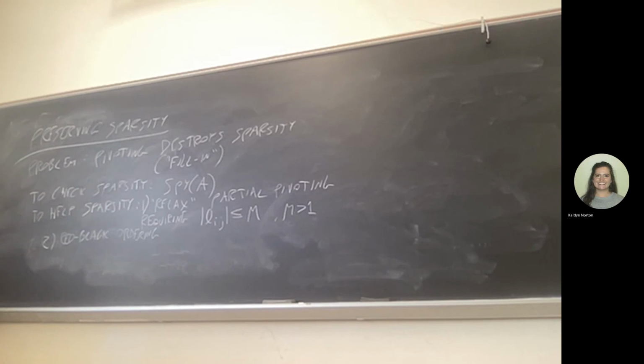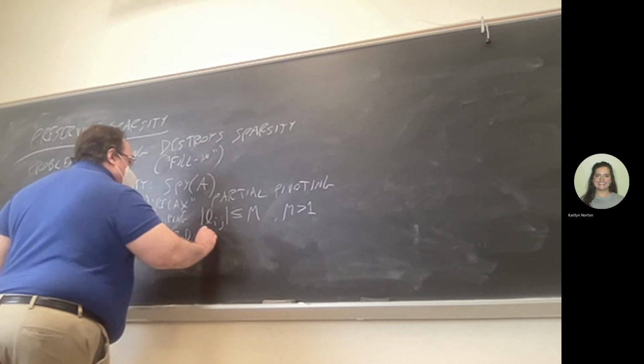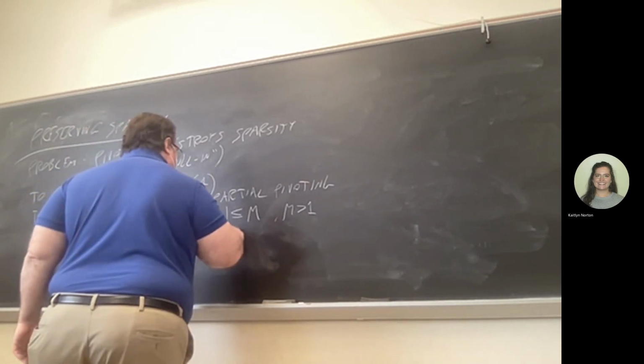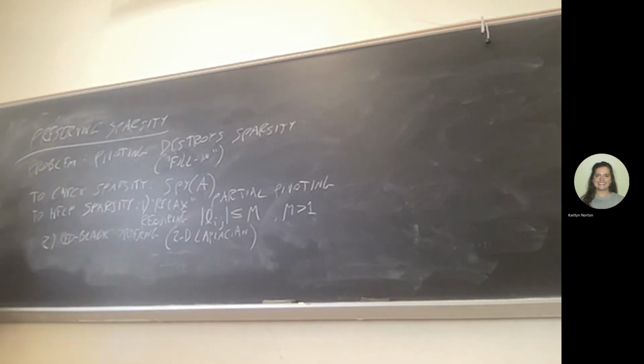Again, the usefulness is pretty limited, but this does come up with certain problems involving PDEs. In particular, one I've shown you, the 2D Laplacian. If you do red-black ordering on the matrix you get from the finite difference 2D Laplacian, then the diagonal blocks are diagonal matrices. So that's some nice gain in sparsity there.